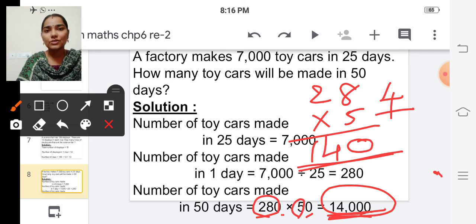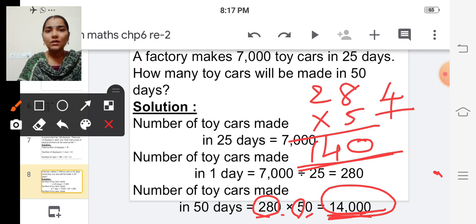Yes, have you all understood, children? So in 25 days, they have given how many toy cars they will make, isn't it? And they have asked in 50 days how many toy cars they will make. So for that, in the first step, we have to find out in one day how many toy cars they will make. Then only we can find out in 50 days how many toy cars they will make.